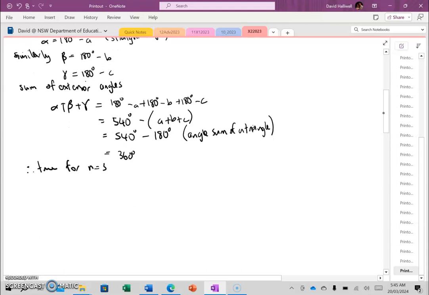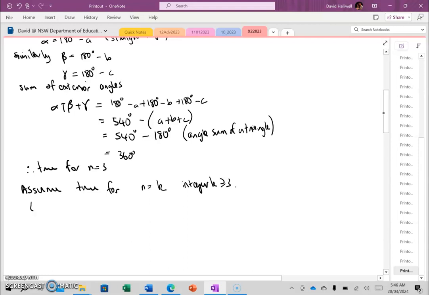Now, the next step for induction is to assume true for n equal k. And obviously k is going to be an integer, and it's going to be greater than or equal to 3. So what does this mean?